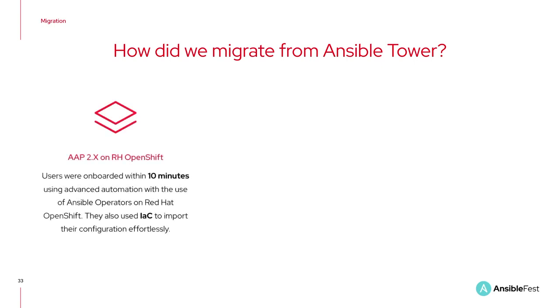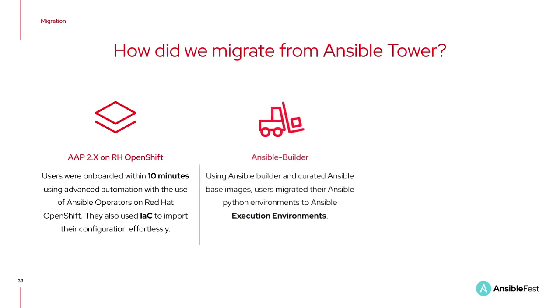It's a three-step approach. First of all, they need a project in OpenShift, and they need to create the automation controller custom resources. These two things are just two YAML files which can be stored in Git. Once that is bootstrapped, the next step is the migration from Python environment to execution environment.